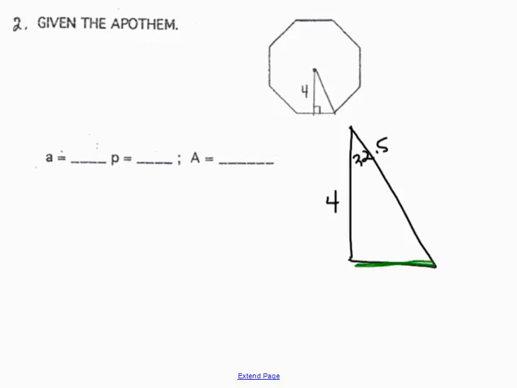So in order to figure that out, we take the tangent of 22.5 equals the opposite, x, over 4. So now x equals 4 divided by the tangent of 22.5.